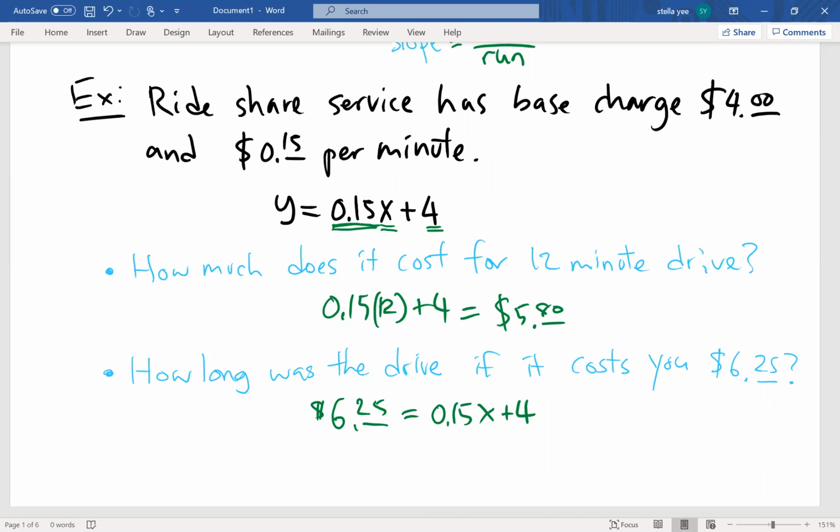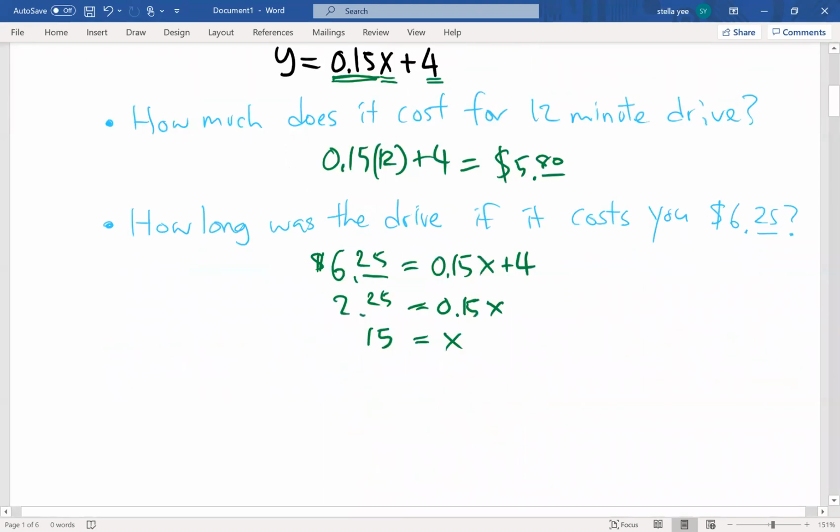So subtract 4 from both sides, and dividing both sides by 0.15. I think that turns out to be exactly 15 minutes. Okay, so hopefully this is just fine. Okay, moving on.